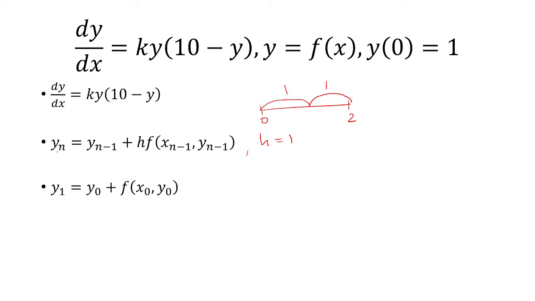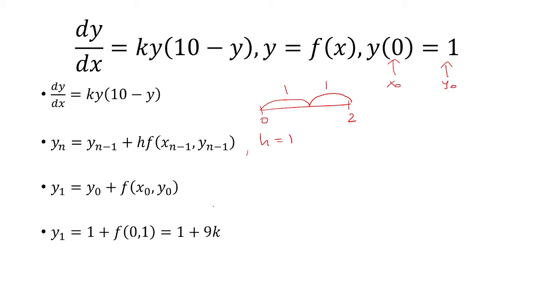Now when I'm looking at y_1, that's going to be y_0 plus h times f(x_0, y_0). y_0 is going to be the initial condition. This 0 is x_0 and this 1 is y_0. So y(0) is 1.